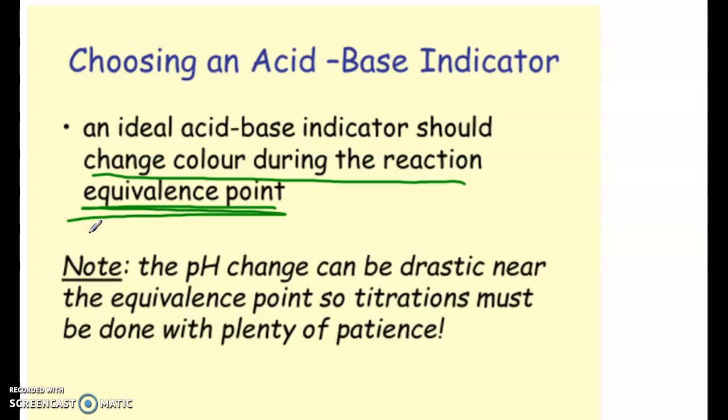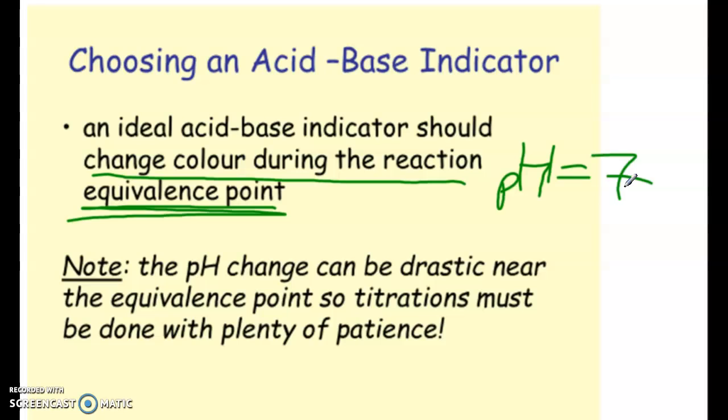But for the purpose of grade 11, we want to have a neutral solution, meaning a pH value of 7 is when we would have neutral. So just keep in mind that different indicators have different pH values for their color changes.